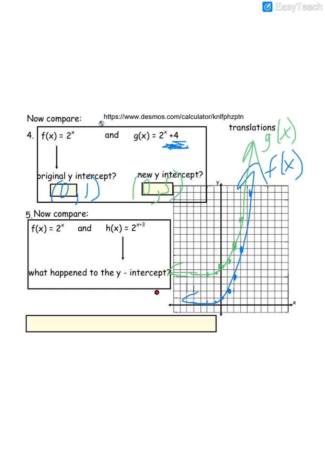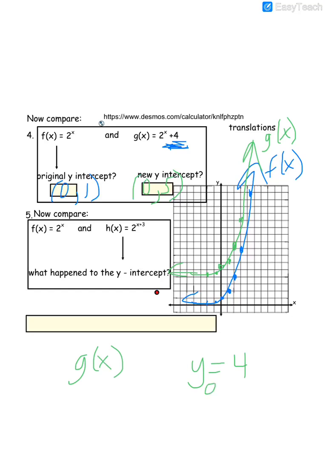So if you look here, this is coming really, really close to 1, 2, 3, 4. So y equals 4 is like the line that it's coming really close to. And we're going to call it, who is this? G of x. So g of x, it doesn't touch y equals 4, but it comes really close to it.